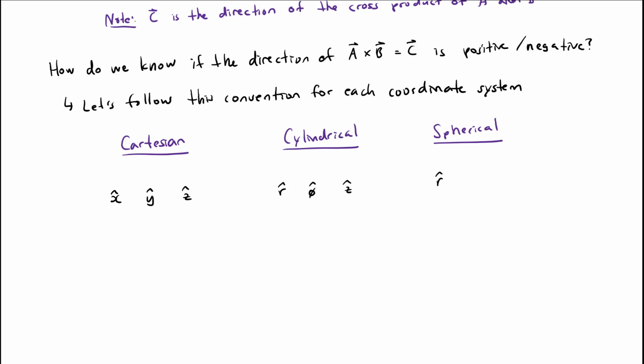And the spherical coordinate system had r, theta, phi. So what is our convention? It's essentially this. We want to move forward in a specific order. We're going from x to y to z, and then repeat. R goes to phi, which goes to z, and then it comes full circle. For spherical, R goes to theta, which goes to phi, and then we repeat.